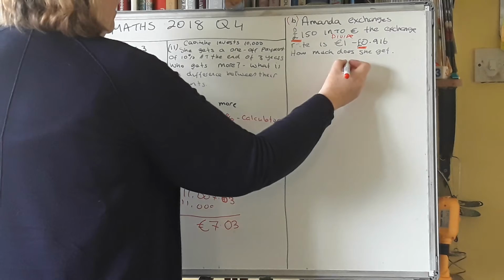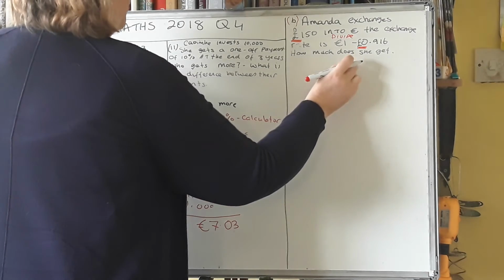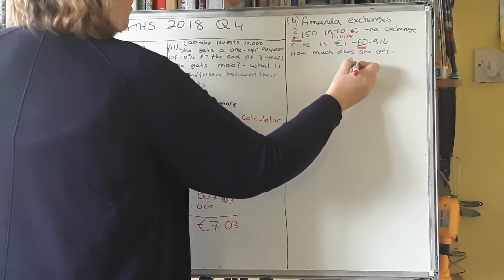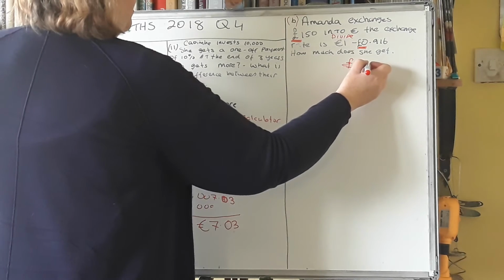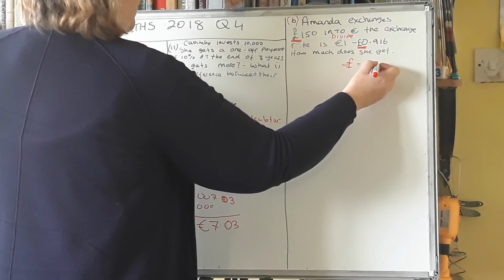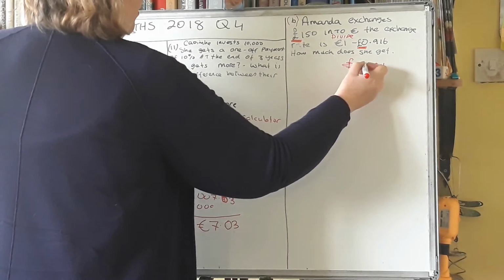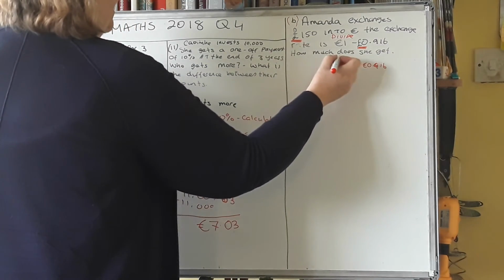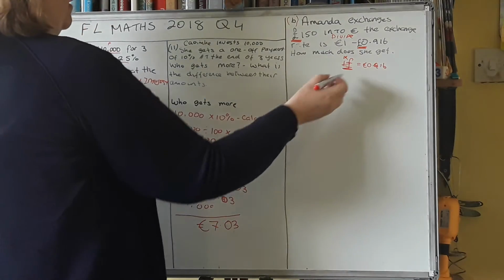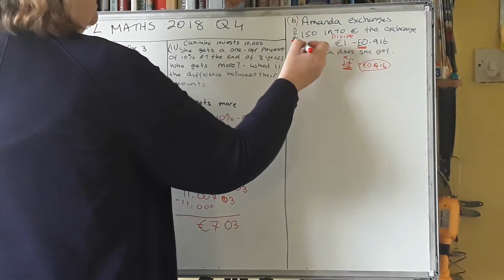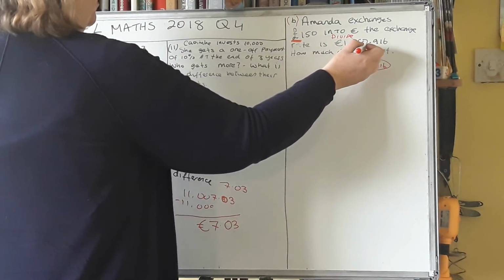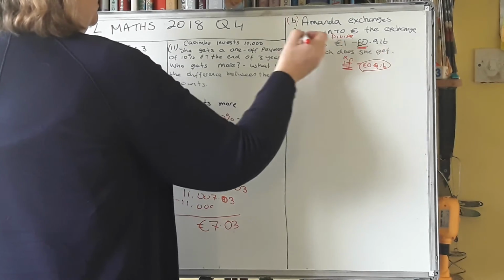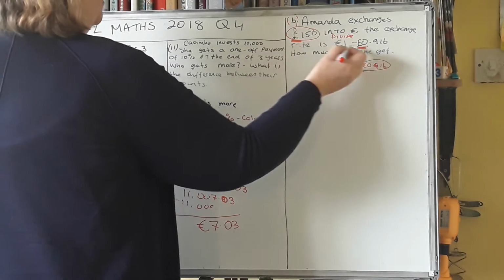If it was the other way, if it was £1 equals 0.916 euro, if what the one was equal to and the currency you have are different, then you'd multiply by that number. But in this case, what the one is equal to is the same as the amount you're getting.